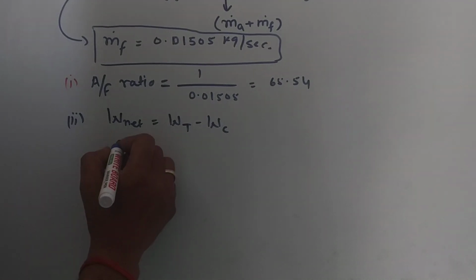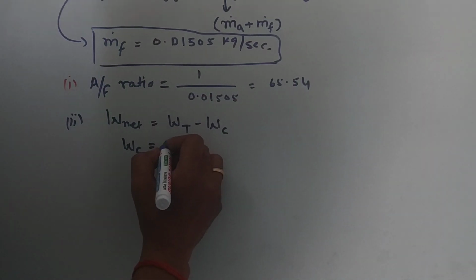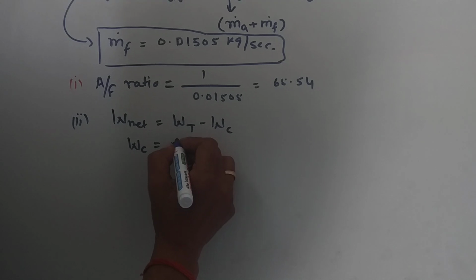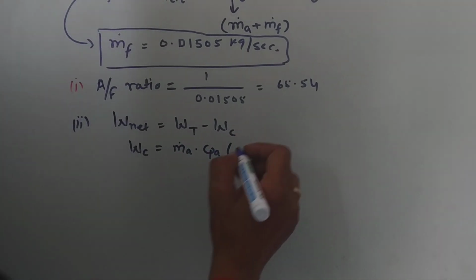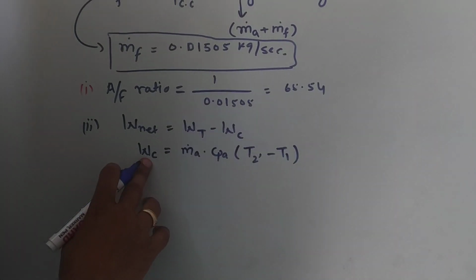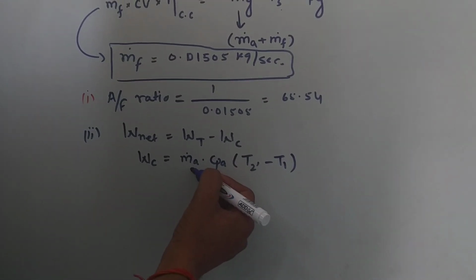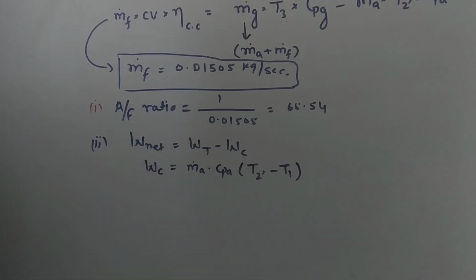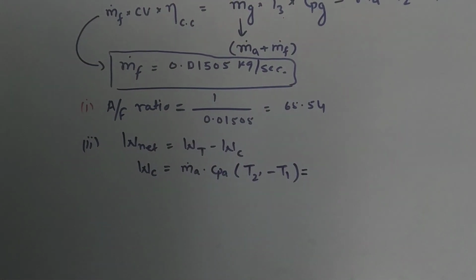W compressor is written as ma dot multiplied by Cp of air multiplied by T2 dash minus T1. Compression work is T2 dash minus T1 multiplied by Cp of air multiplied by mass flow rate of air, because in the compressor only air is compressed.